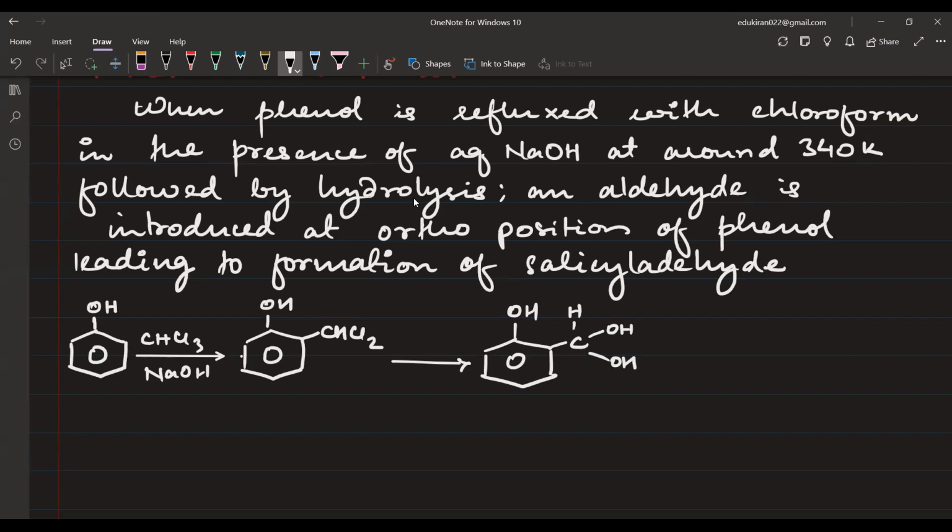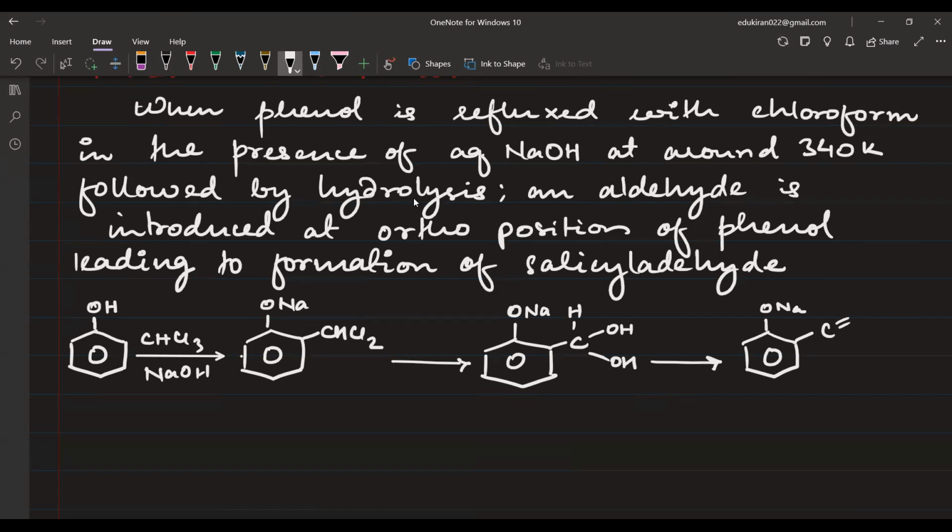And once we get this hydroxy group, this will be ONa. This also will be ONa because we have this in basic condition. Now, in the first class of alcohols, we learned that when two hydroxy groups are attached to the same carbon atom, it is a case of gem diol, then water will leave from here and you will form ONa with CHO, aldehyde.